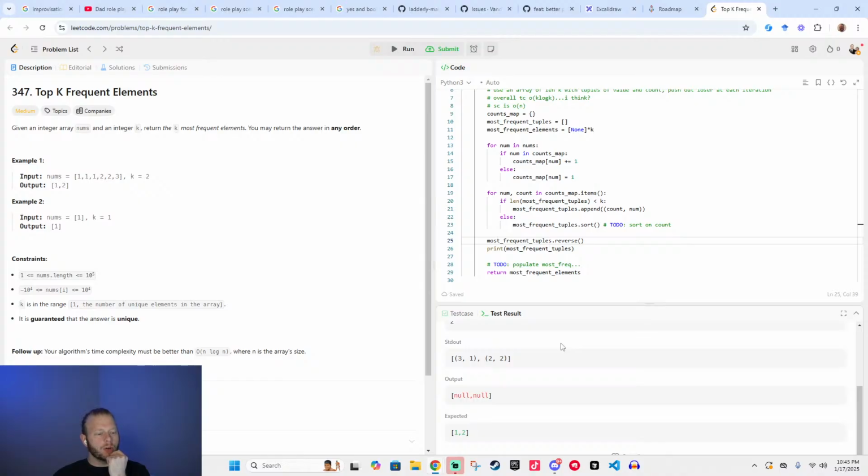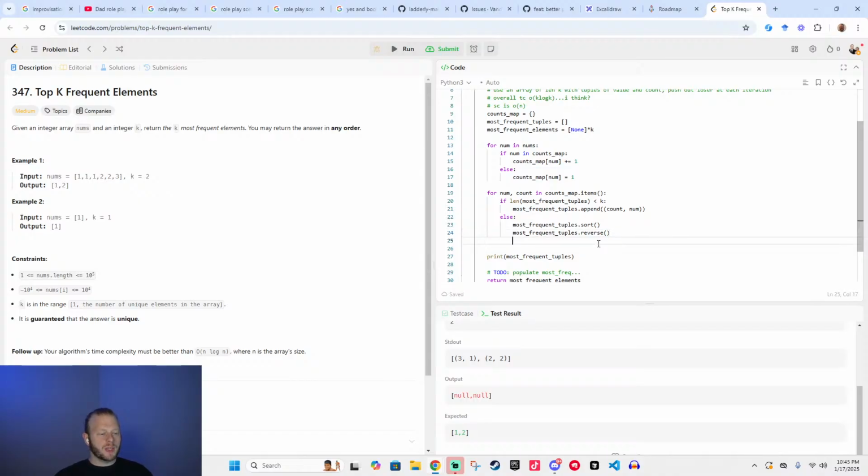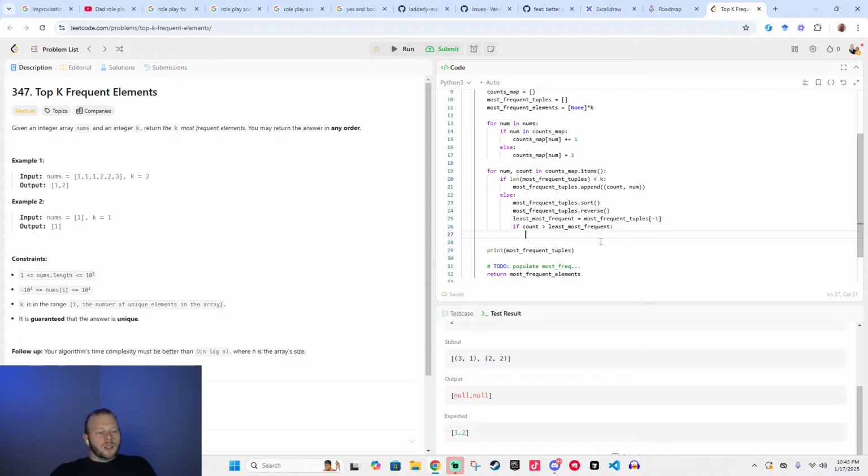So the least frequent will always be at the end in that case. I guess it's fine. There's probably a more efficient way to do that, but it'll be linearly more efficient. So we want to sort and reverse. And now the least most frequent is the last element. And if count is greater than the least most frequent, then we want to kick that one out and add this new one in.